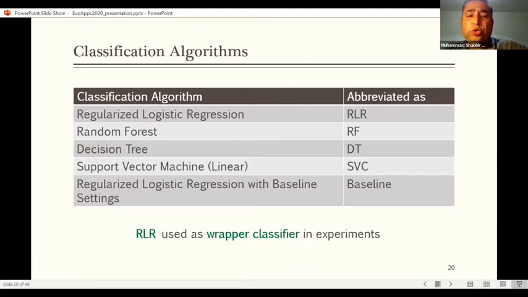However, we used other classification algorithms like random forest, decision tree, and support vector machine to generalize the results of our method. And finally, we used regular logistic regression with baseline settings, because the baseline method was also using the same classifier, and one of the instances, which we named the baseline, was used with the parameters tuned with the baseline settings.